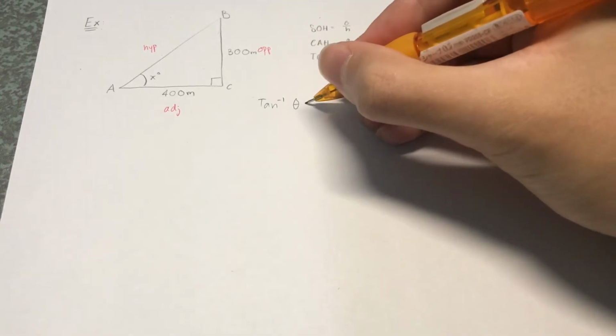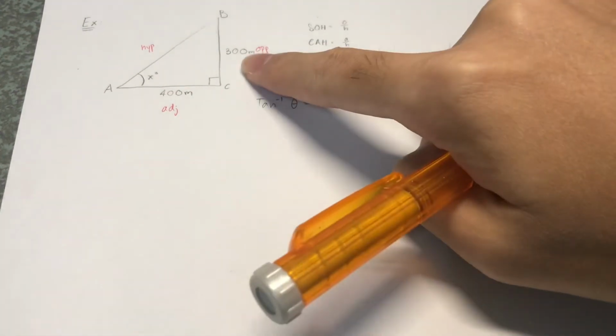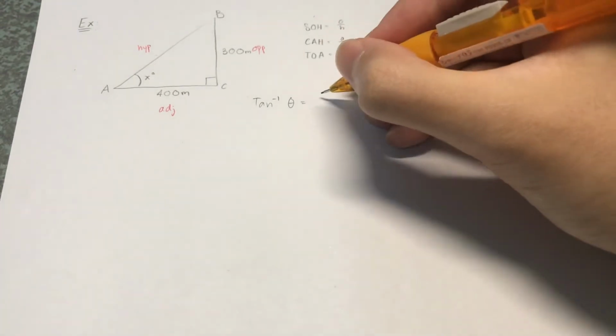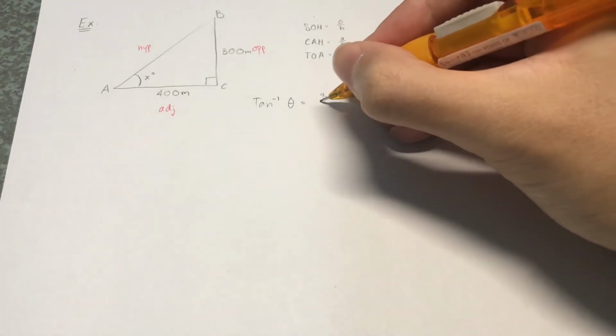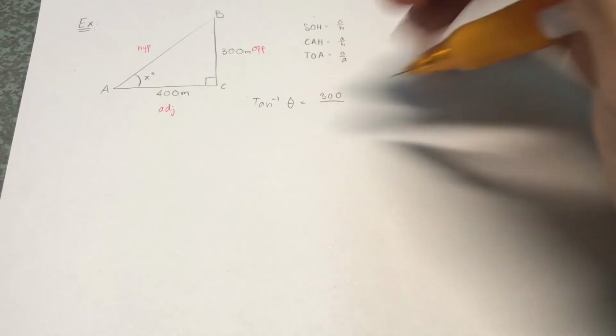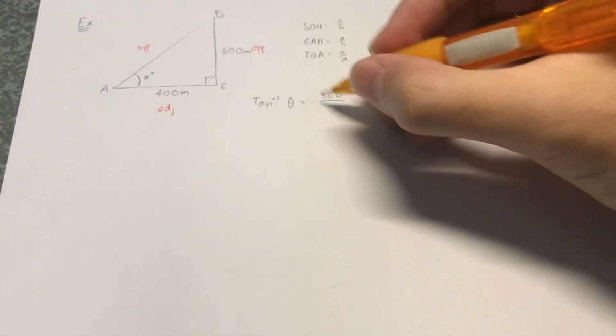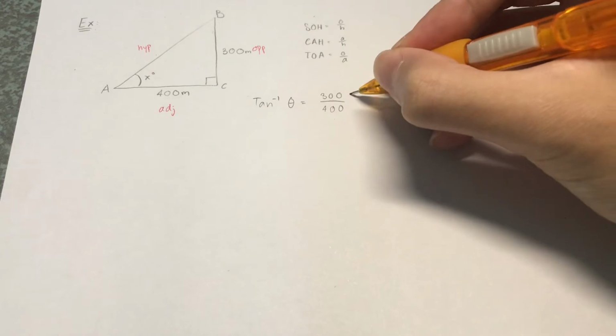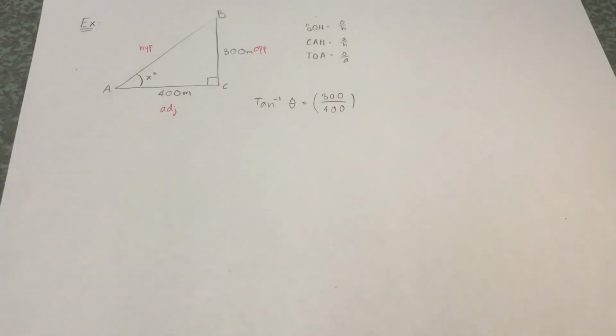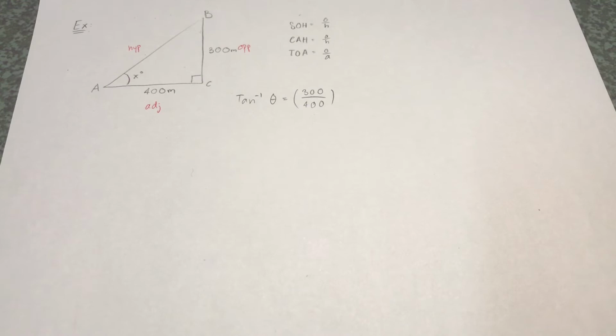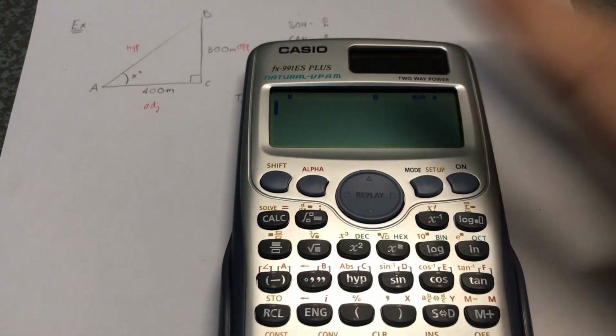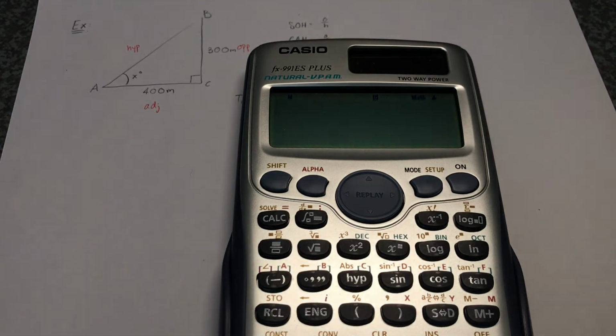Theta equals inverse tangent of opposite, which is 300, over adjacent, which is 400. And divide it. Before moving on, I would like to show you how to get the inverse tangent. First, grab your calculator, and then press the shift yellow button on the top left corner.